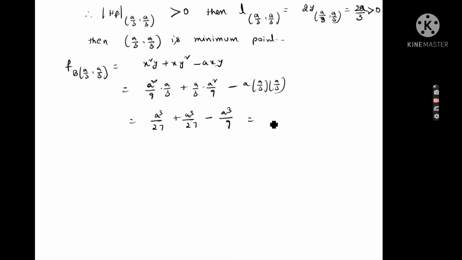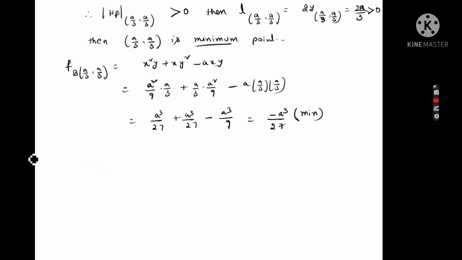If you take LCM and simplify, we get the answer minus a cube by 27. So this point is minimum. When you substitute the value in the function, that value is the minimum value of the function. So the minimum value of the function is minus a cube by 27.